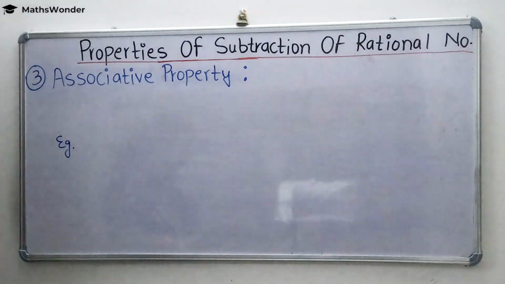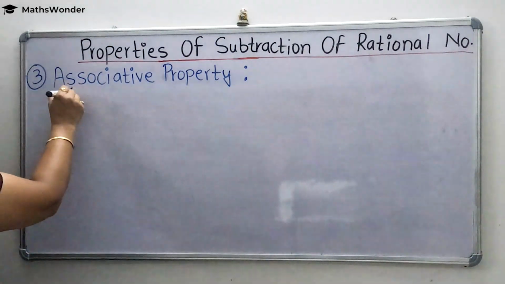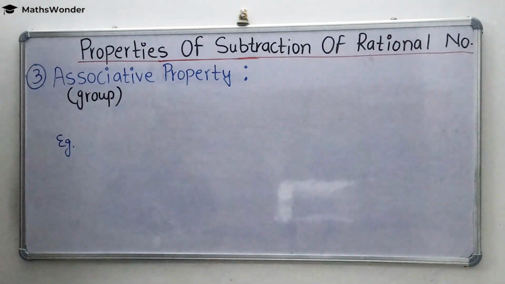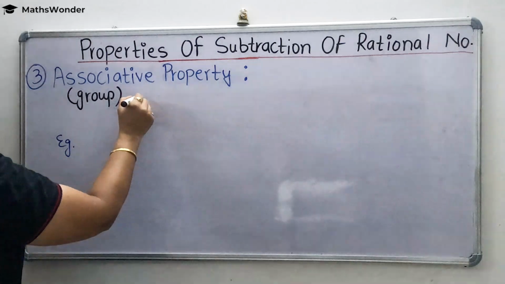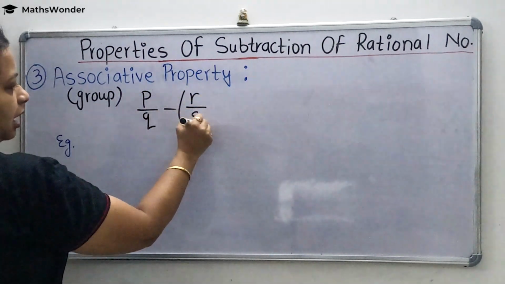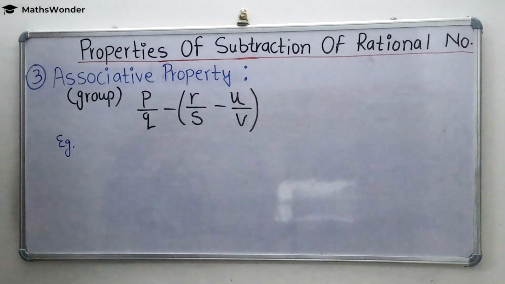So the third property is the associative property. The other name for associative law is group property. The format of group property is P over Q, R over S, U over V. See, we now have more than two rational numbers. For one rational number, a normal subtraction, we call it the closure property.